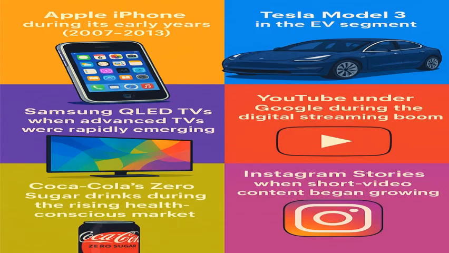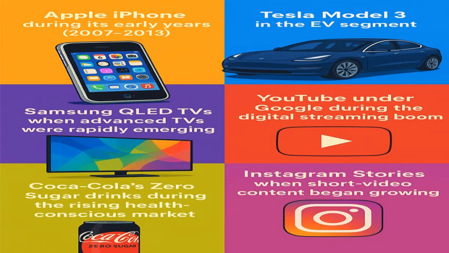An example of a star product is the Apple iPhone. During its early years from 2007 to 2013, the Apple iPhone was categorized as a star product. And the Tesla Model 3, the electric vehicle, in the electric vehicle segment is categorized as a star product because there is a high growth rate and high market share.